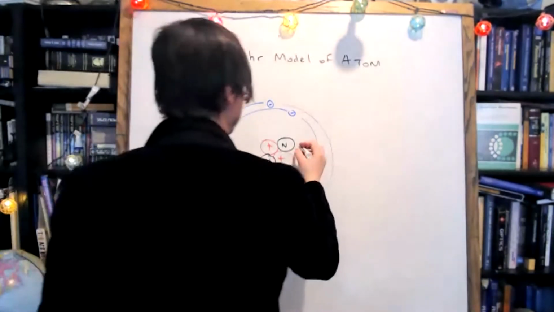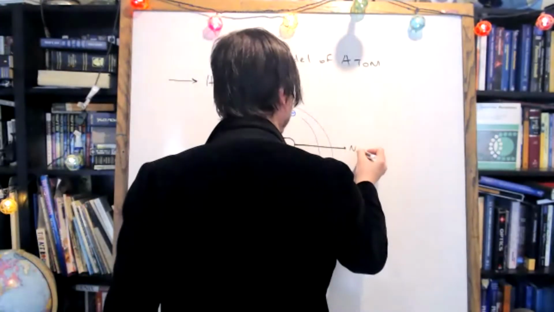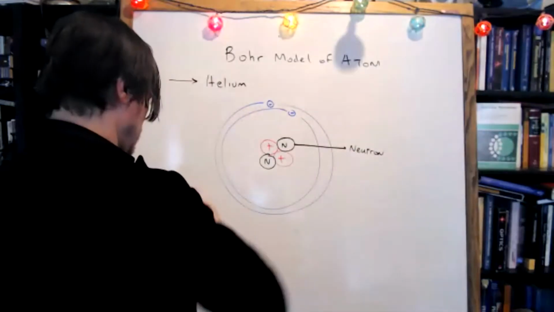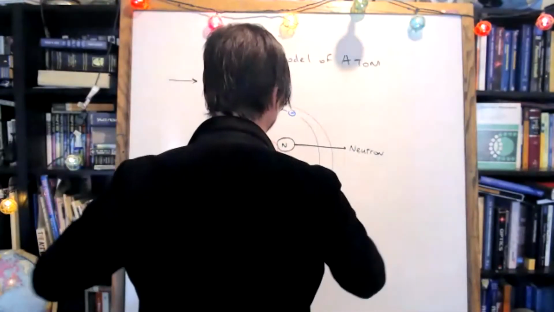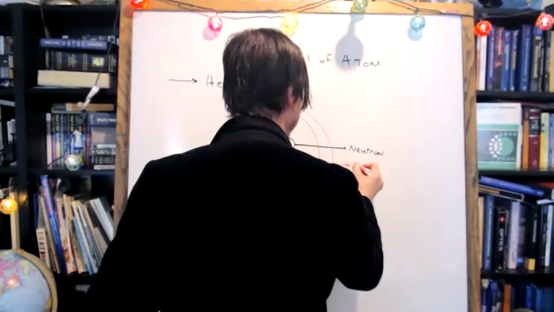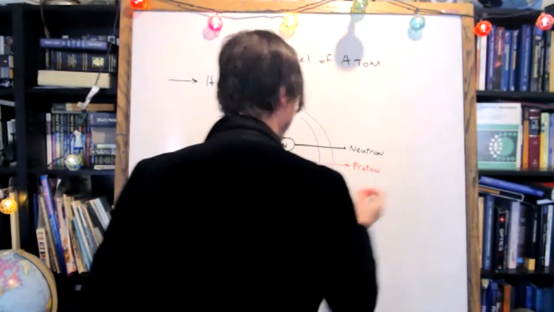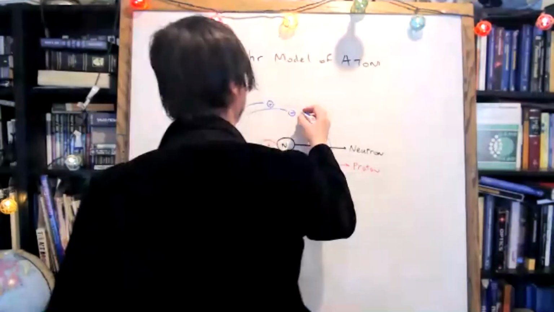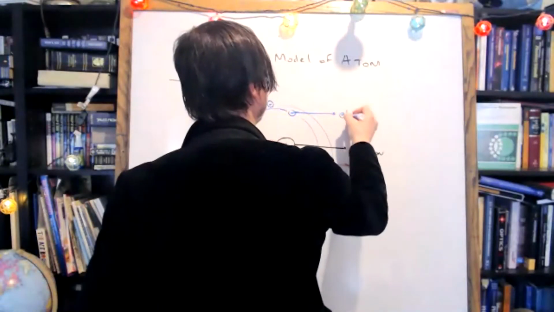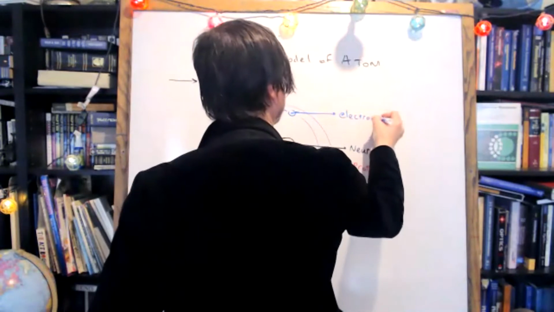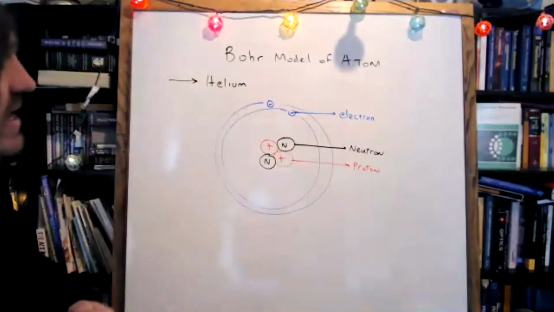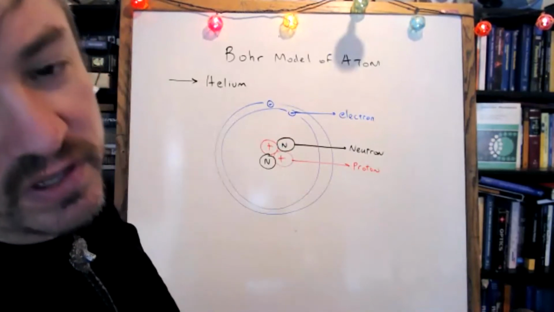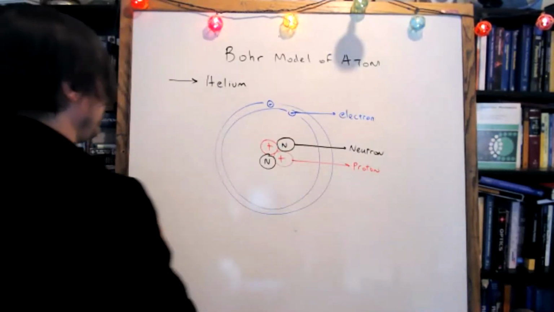So this little bugger here is called a neutron. This is called a proton. These guys up here are electrons. We'll define them in a bit. Taken together, neutrons and protons make up the nucleus of an atom, right?